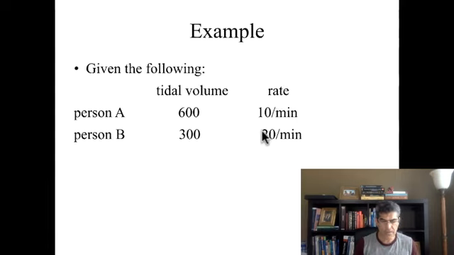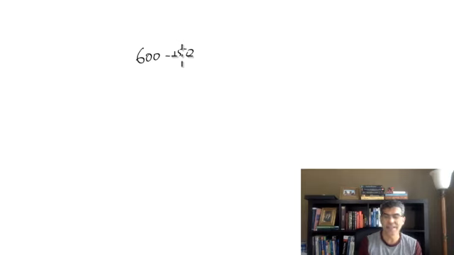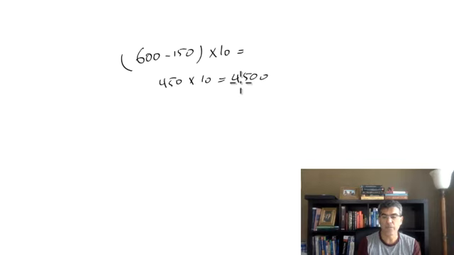Well, the answer is, person A is breathing 600 ml, but 150 ml is dead, and breathing 10 times a minute. So that is going to be 450 times 10. This guy is breathing 4,500 ml in and out of the alveolus.